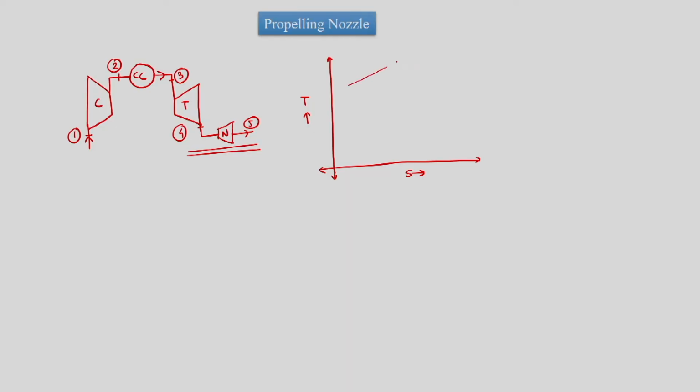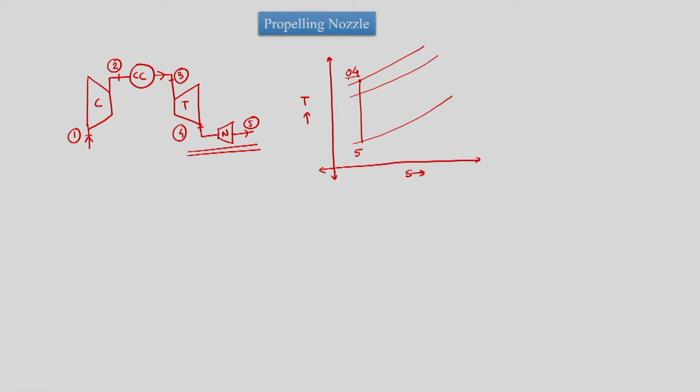So this is, suppose, the entry to the nozzle, which is state 4, total conditions at the exit of the turbine, and then from 4 we generally come to a static state, which is 5.